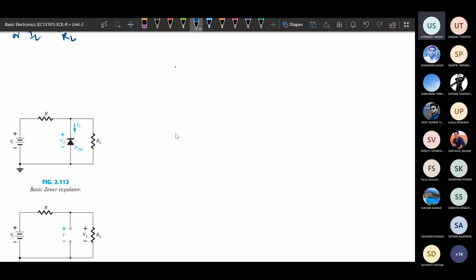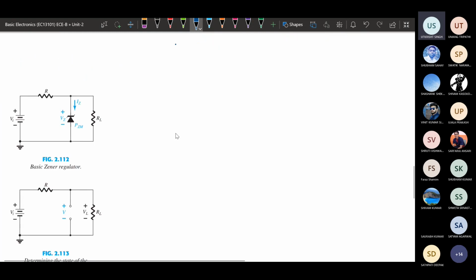So the first case we will see. Our motive is to have this Zener diode in the breakdown region, and to maintain it in the breakdown region, we should consider the different variations of RL and input voltage. This is the basic Zener regulator circuit.